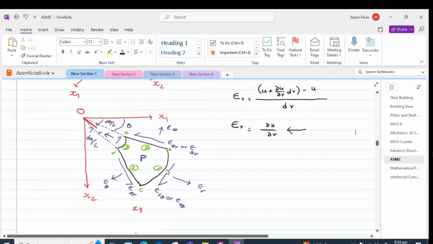This element is drawn in the x1, x2 coordinate system, which has its origin at point O, and O is considered fixed.